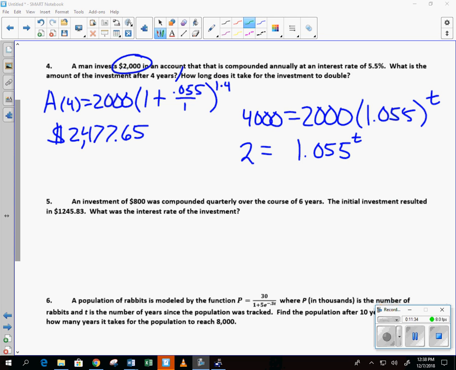I have to get rid of 1.055. Get rid of 1.055 by taking log base 1.055. Those are gone. We're left with t is equal to.